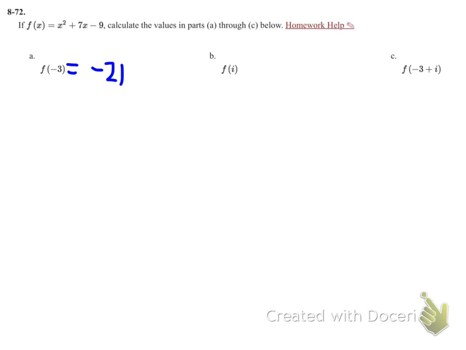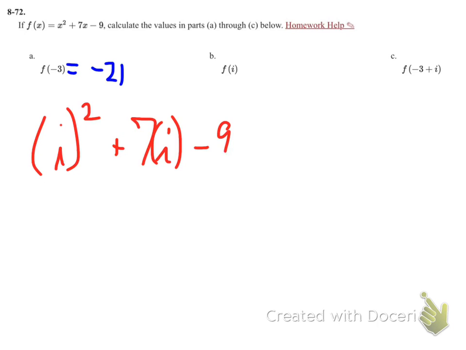I'm going to do the same thing now, problem B, except I'm going to now substitute i and then simplify as far as I can. So I'm going to have i squared plus 7 times i minus 9. Now looking back at the lesson, when I square i, that is going to equal -1. Plus 7i minus 9.